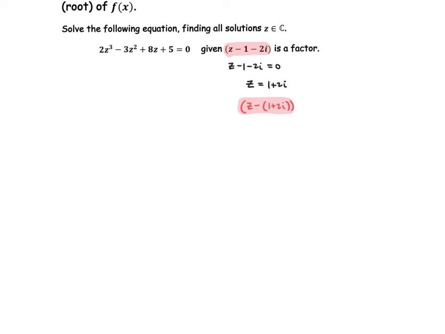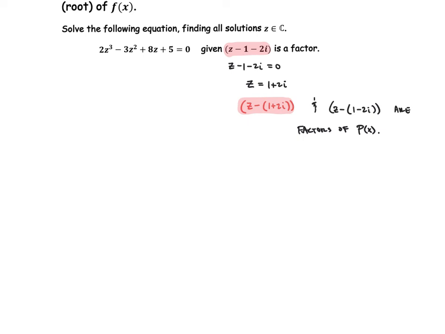So using the complex conjugate root theorem, we also know that z minus 1 plus 2i is also a root. Both are factors of the polynomial. I'll just call it p of x.